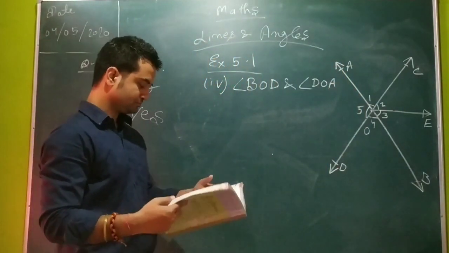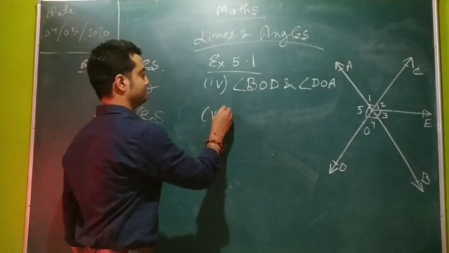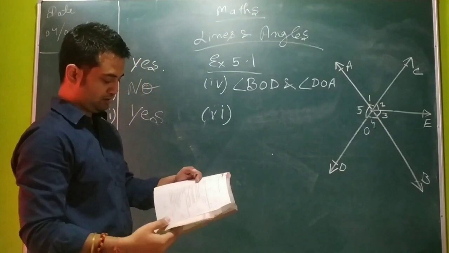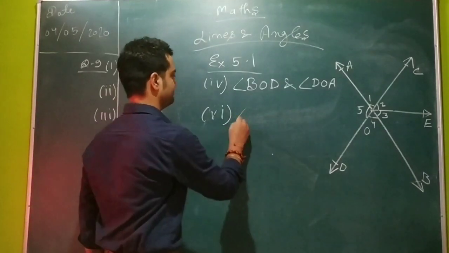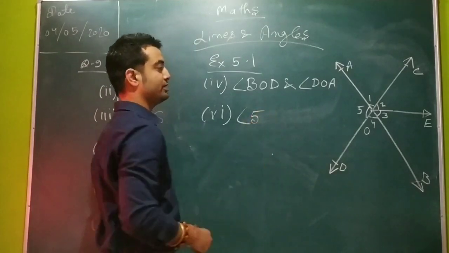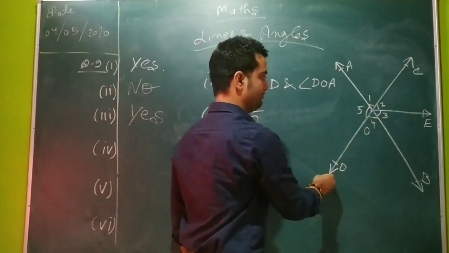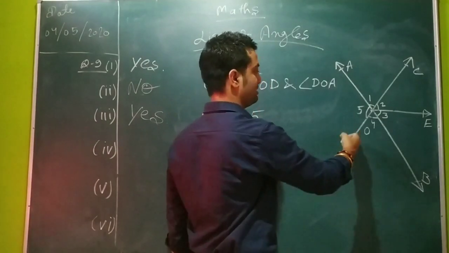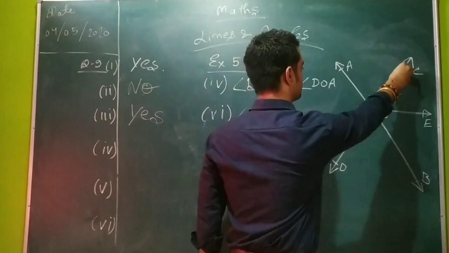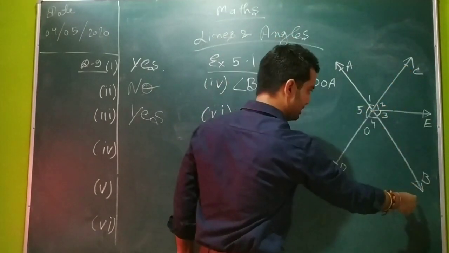Now, the next question asks: what are the vertically opposite angles of angle 5? If you look at angle 5, it is AOD, and if we extend the line segment OD, it forms the line OC, and OA on extending forms the line OB.